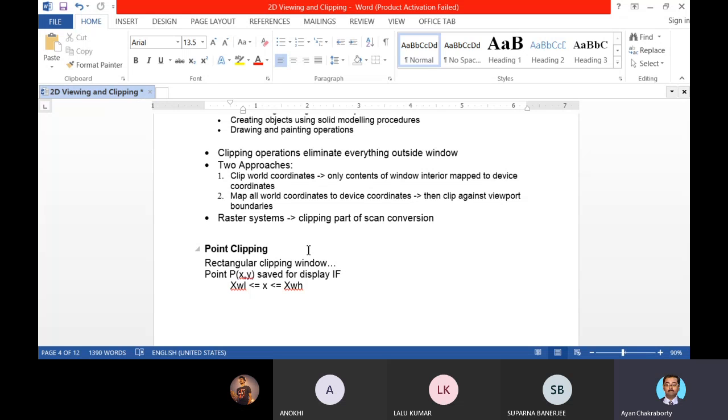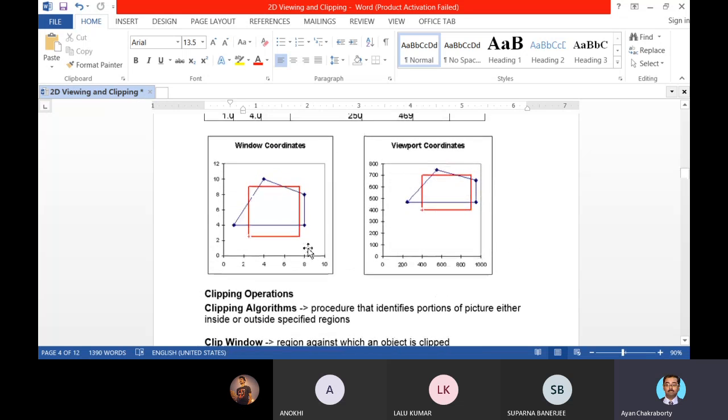It is basically the transformation between window or world coordinate to device coordinate or viewport coordinate system. And the second approach is map all world coordinates to device coordinate, then clip against viewport boundaries. That is what I have just shown you.